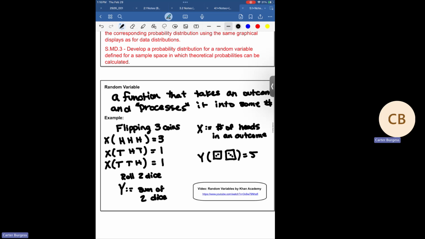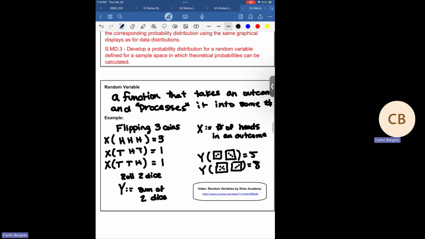Okay, what is going to be the value of my random variable if I see an outcome like, it's not my best die in the world, say something like this? What's my outcome going to be? That is my outcome. And then what is my random variable going to be?